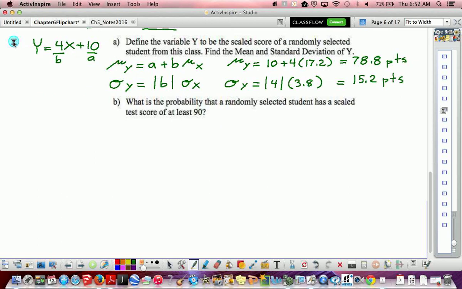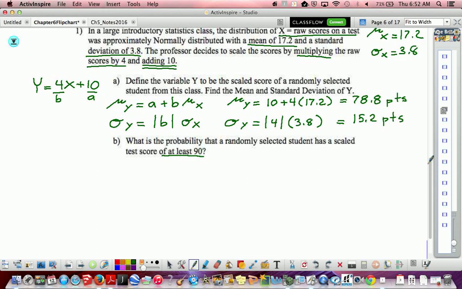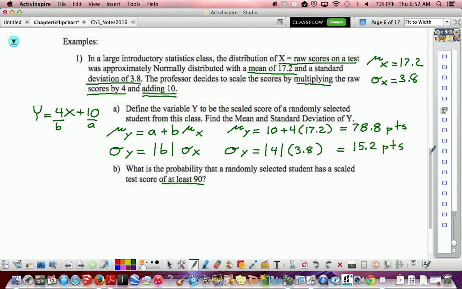So now in part B, it says, what's the probability that a randomly selected student has a scale test score of at least 90? So the question becomes, what does my distribution look like? Well, up here, notice how it says approximately normally distributed. Now that applies to x. Okay? X was normally distributed. But as we saw up top, the shape doesn't change.